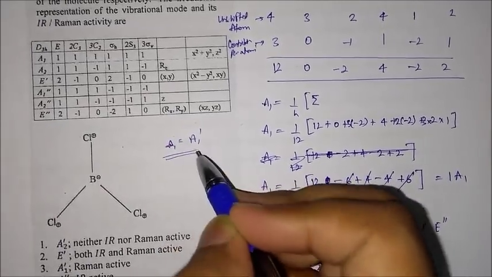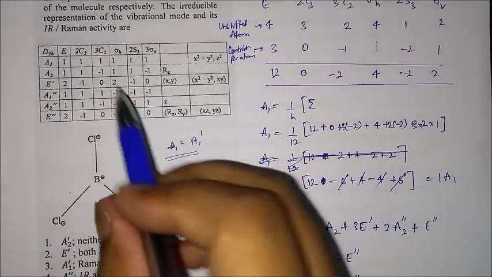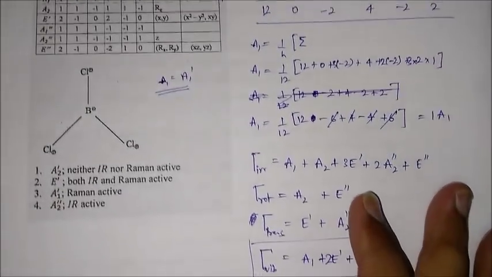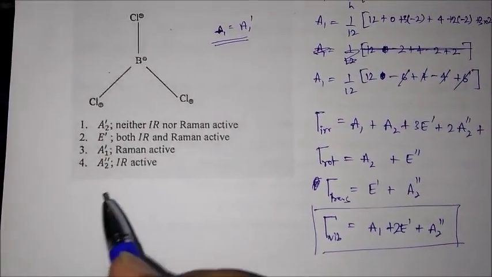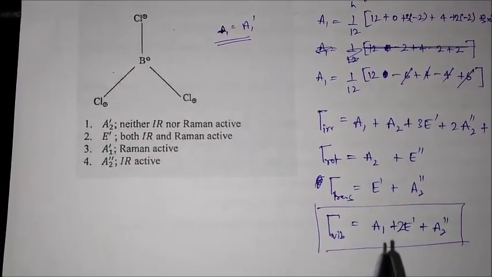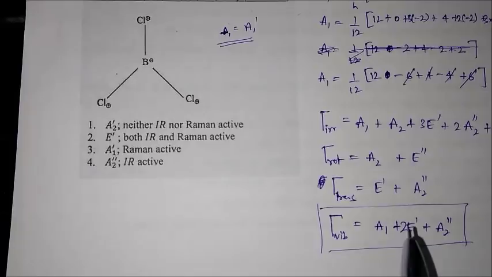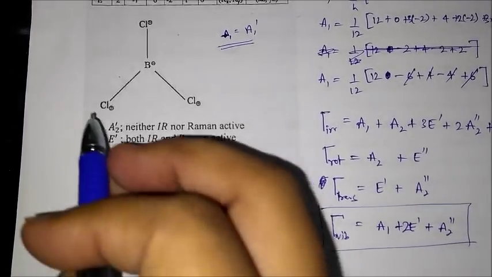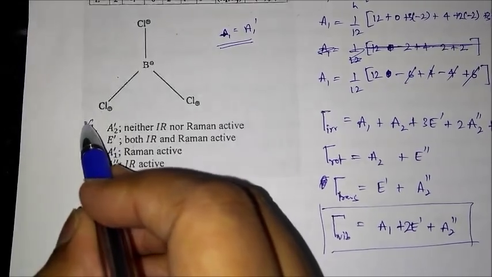So we have a1 or a1 prime, then 2 e prime and a2 double prime, and a2 prime is not there, so this cannot be the answer.